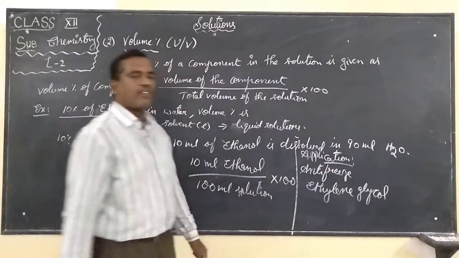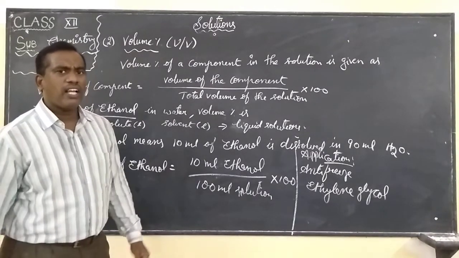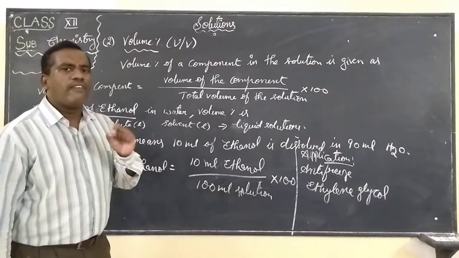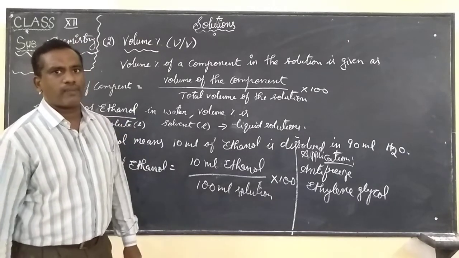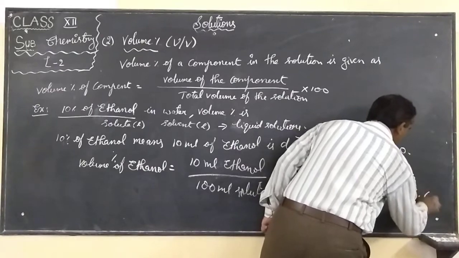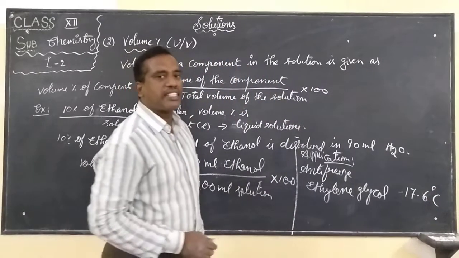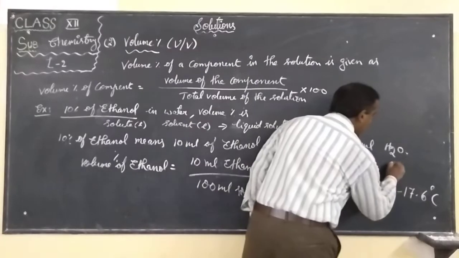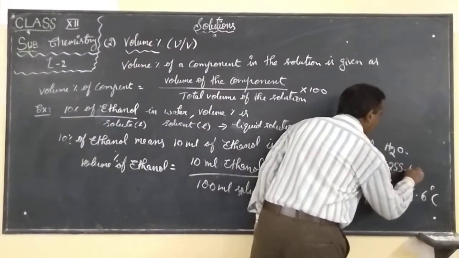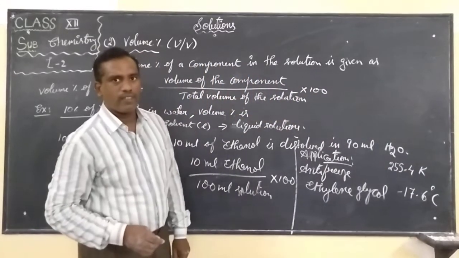This ethylene glycol will reduce the freezing point of water, to tolerate up to minus 17.6 degrees Celsius, or you can say 255.4 Kelvin.